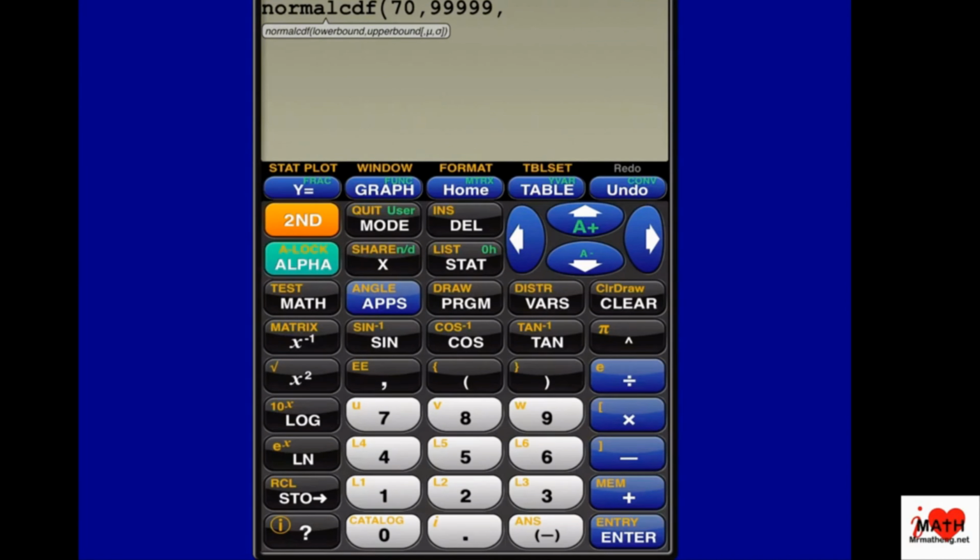And our mean is 69.3. And our standard deviation, comma, is 2.8. And we will get this number as our answer. The answer is 0.4013, which is like 40.13%.